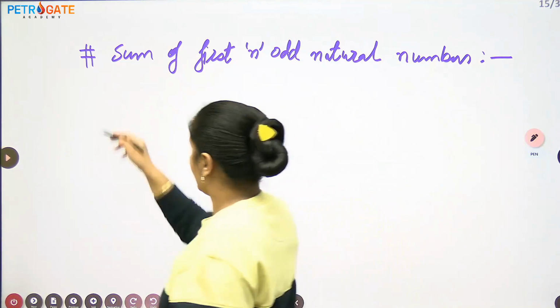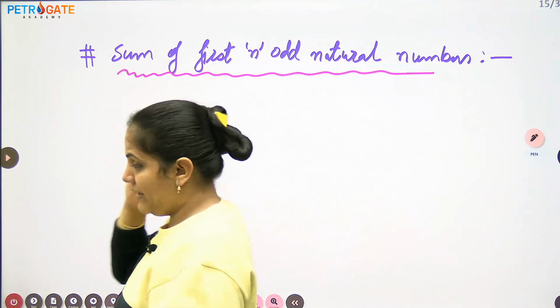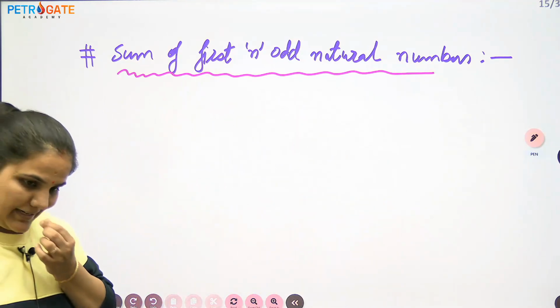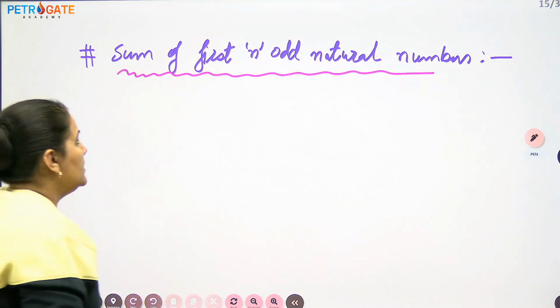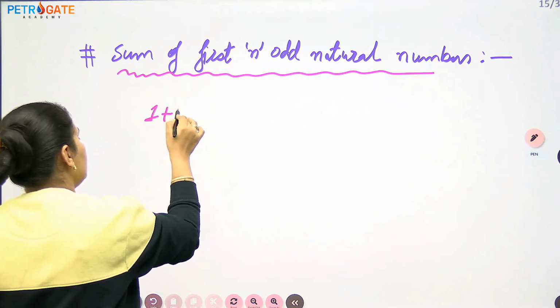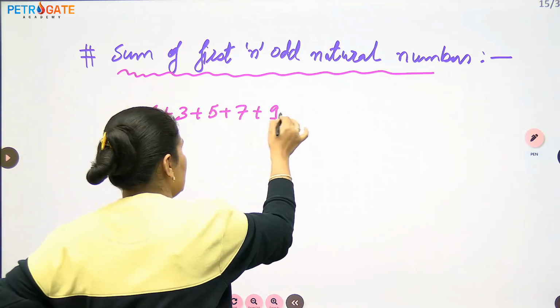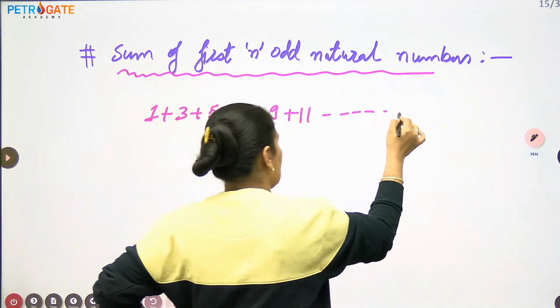So when we approach this one, what will be the result, guys? We can write down the odd numbers: 1 plus 3 plus 5 plus 7 plus 9 plus 11 and so on.